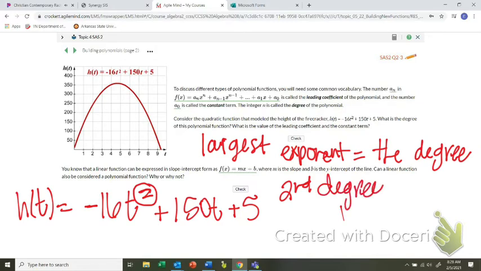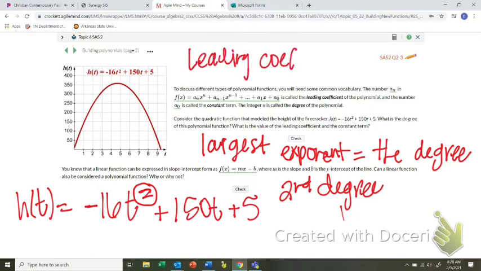Then it says, what is the leading coefficient? First of all, what's the word leading mean? It's going to be what? Okay, and what's the coefficient? A number. All right, so somewhere else, jot this down.